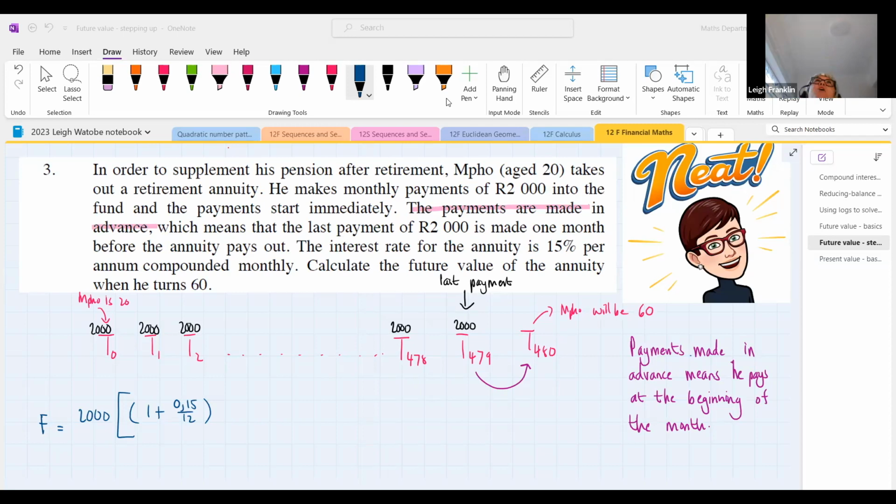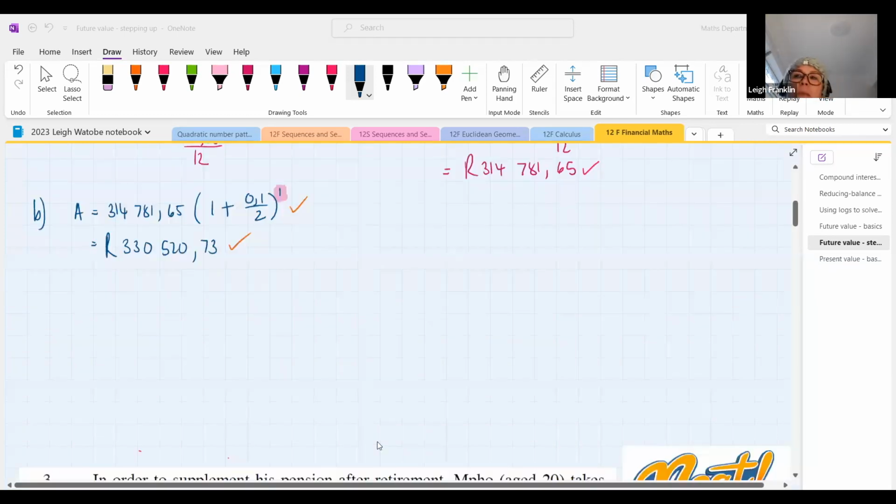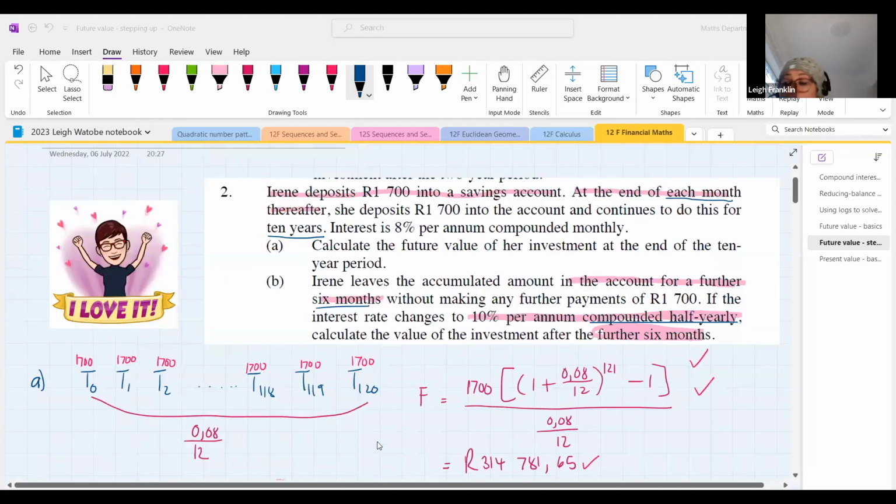You're on the right track, but let's just go back a month, because if you're a little bit confused about this, other people will be too. In the earlier example, she's making her payments at the end of the month. Remember, she made 2 payments in the first month, because she makes a payment at the beginning of the month, that's where the orange line is, and then she makes another payment at the end of the month.